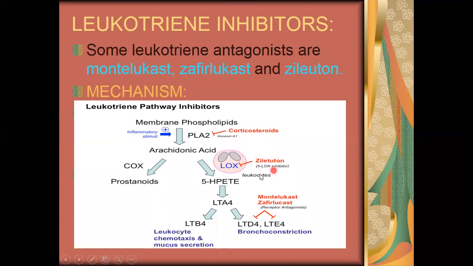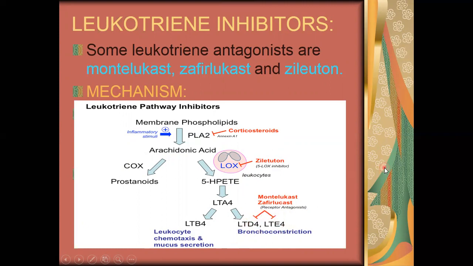So by inhibiting this LOX enzyme, there is inhibition of synthesis of leukotrienes. In that way, it acts as an anti-asthmatic drug. And coming to the other two drugs, montelukast and zafirlukast, they act as receptor antagonists. They will block the actions of formed leukotrienes.